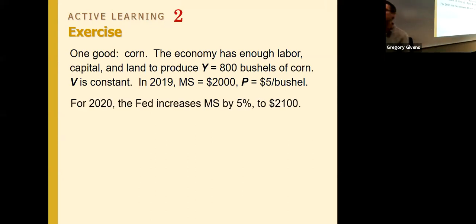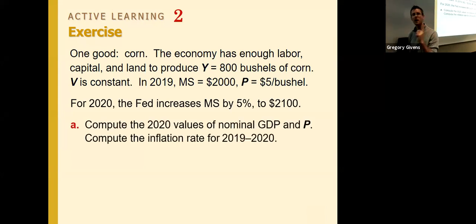Here's what I want you guys to think about. Let's suppose that in 2020, the very next year, the Fed increases the money supply by 5%. So the money supply goes from 2,000 to 2,100. I want you guys to compute the values of nominal GDP and the price level for 2020, and then also the inflation rate between those 2 years.